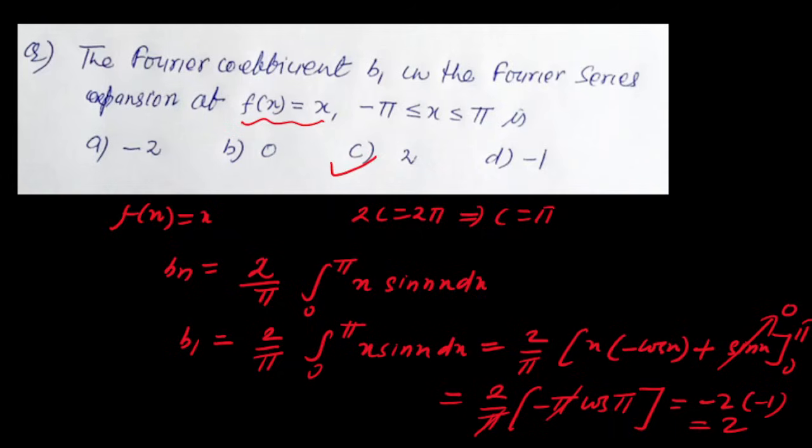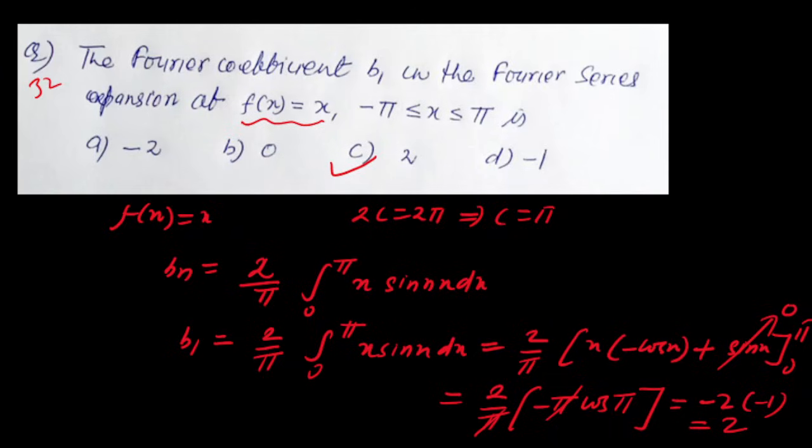How much time is there in the video? Around 56 minutes, and this was question number 31, 32. Out of these 3 questions I have left for you, approximately 2 minutes I have taken to solve each question.